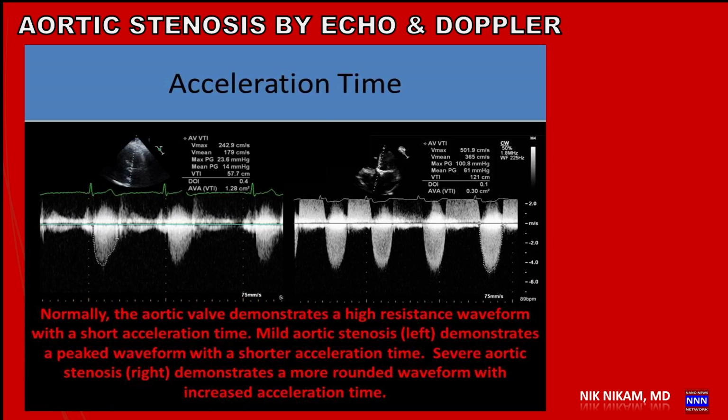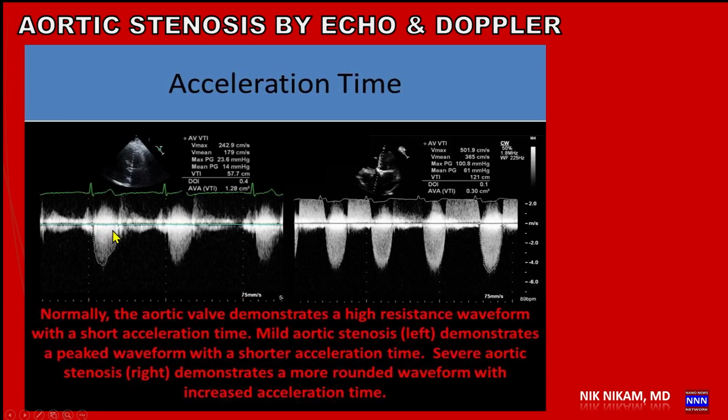Normally the acceleration time is less than 60 milliseconds, and you start measuring it from the beginning of the aortic valve opening to the time it reaches the peak. So this is your acceleration time in milliseconds.